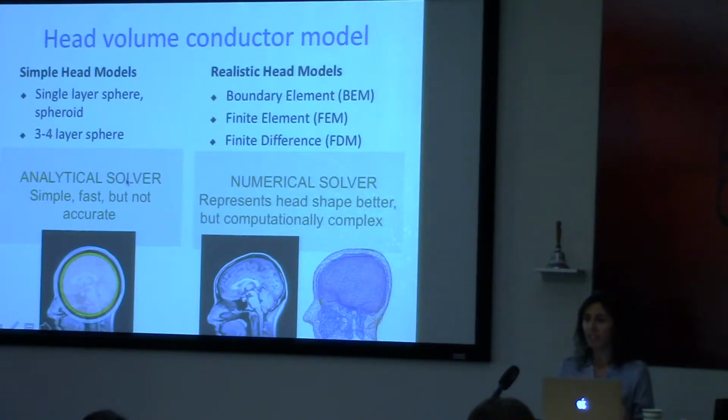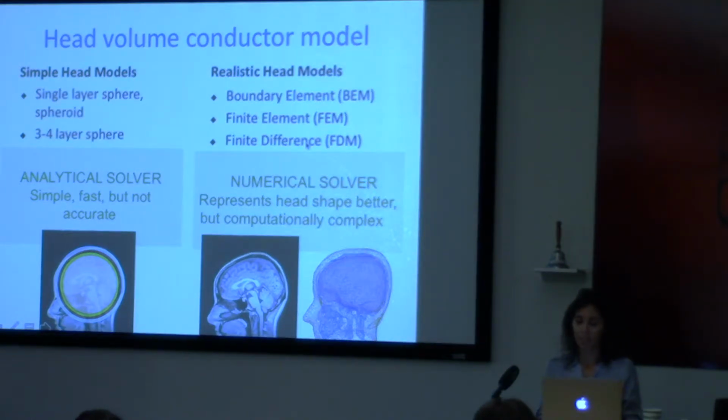This would be really fast and simple, but representing the head geometry with spheres would bring errors in the source localization. On the other hand, if we use realistic head models, then we need to use numerical solvers. The most common numerical solvers are the boundary element method, finite element method, and finite difference method. These represent the head shape better, but are computationally more complex than analytical solvers.